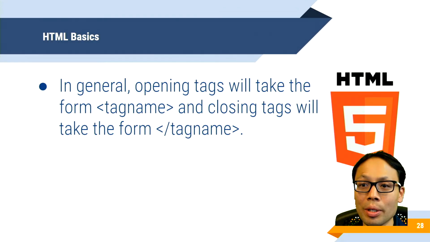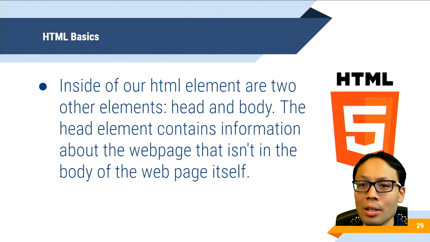In general, opening tags take the form of less than, tag name, greater than, and closing tags take the form of less than, a slash, the tag name, and the greater than sign. Inside of our HTML elements, there are two other major elements: head and body.